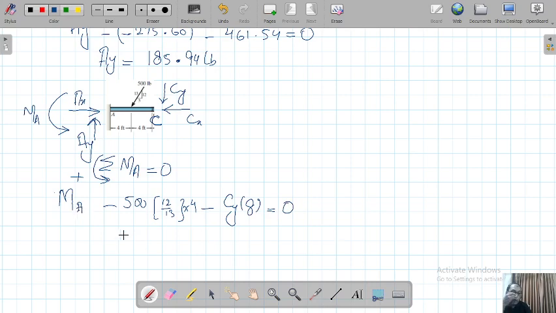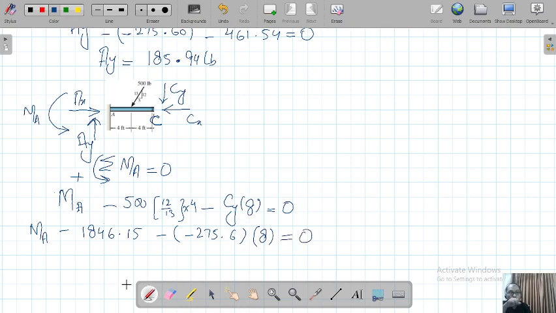Now you don't know the value of Ma, but you can calculate it: minus Ma, minus 1846.15, and Cy was minus 275.6 multiplied by 8, is equal to 0.